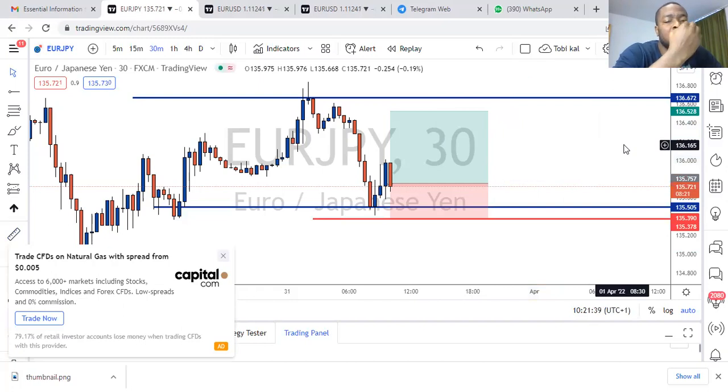Another thing you want to say to yourself is, okay, instead of using my 2.0 lot, I can just reduce my lot size on this particular trade. So you can say, if what you're comfortable with losing on the trade is maybe $100, with 37 pips, that means you are using something around 0.3 or 0.2.